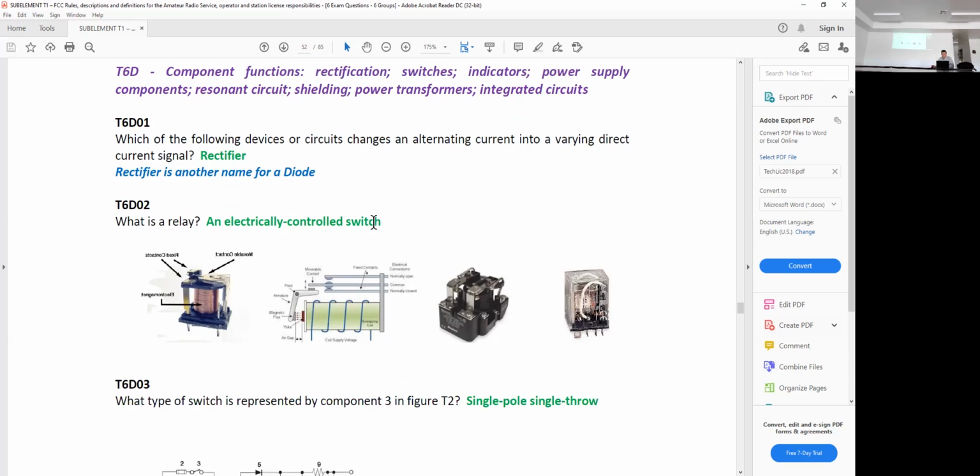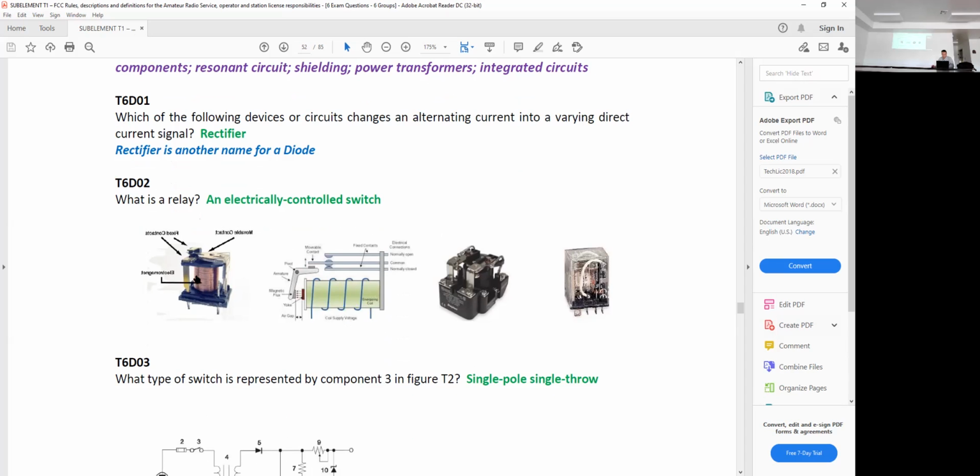What is a relay? It's an electrically controlled switch. So you got your electromagnet, or your coil of wire, or your inductor, and that electromagnet is pulling down the switch arm. Now we less and less are seeing relays in things because the same function can be done and never wear out using what component?